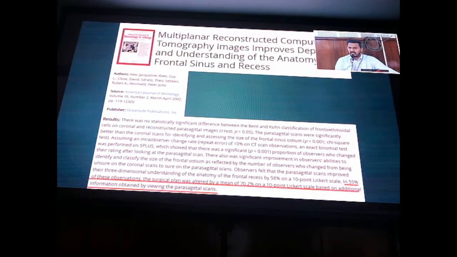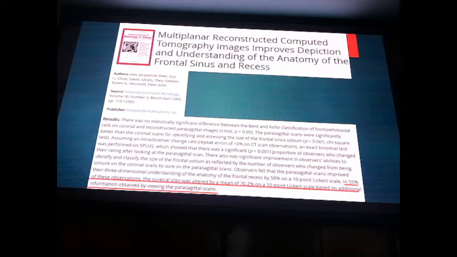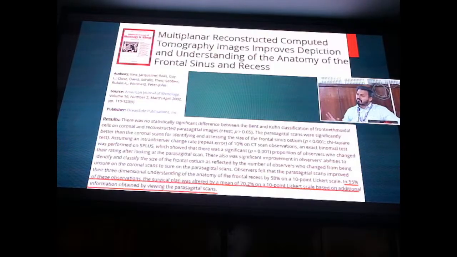So there have been studies done. This is a wonderful paper written by P.J. Borman, where they gave a lot of surgeons only the axial scans first, and asked them to create a plan of how they would address this pathology. About 55% of these surgeons changed the plan by more than 70% once they were given the sagittal scan of the same patient.